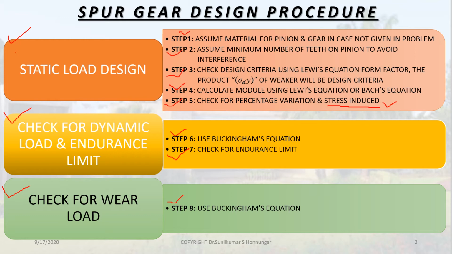If the pinion is weaker, you will be doing all the procedures pertaining to the pinion only, that is N1, R1 or force FT1 and all that kind. But in wear load, irrespective of the design criteria, you will be doing the wear load test only for the pinion. Even if the design criteria is not the pinion, you will be doing this wear load test for the pinion only, which I will be narrating in depth subsequently.